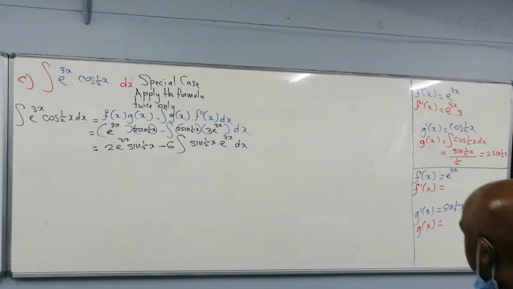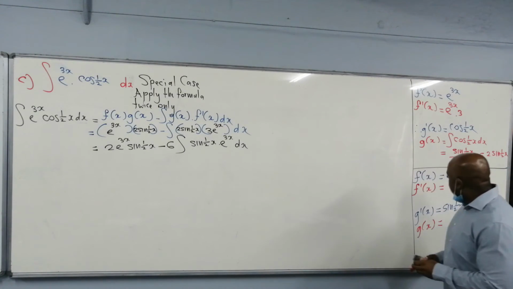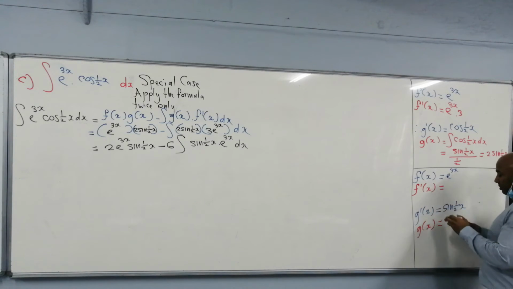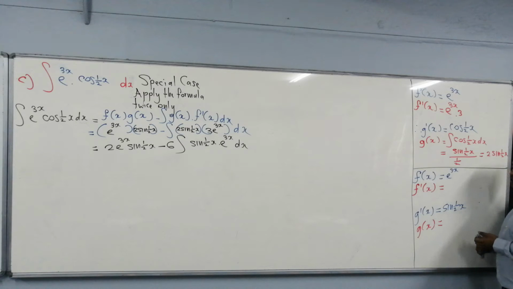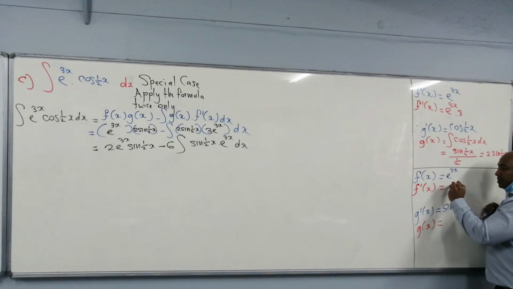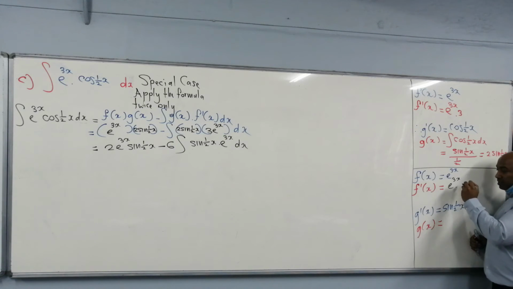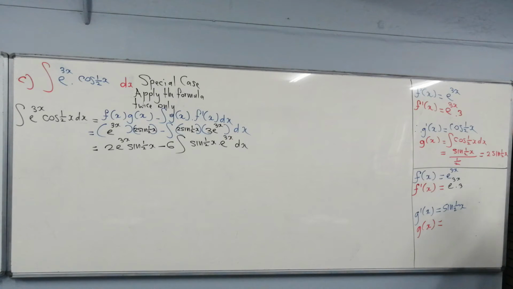Alright, so let's resume. So we got our f of x, which is e to the power 3x. F prime x means differentiate e to the power 3x, which is going to be e to the power 3x times the derivative of 3x, which is 3. So basically this becomes 3 e to the power 3x.